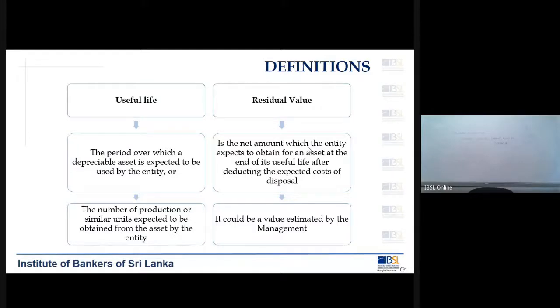Next line. Since the useful life is an estimation, it might be very difficult for a company to estimate the residual value.